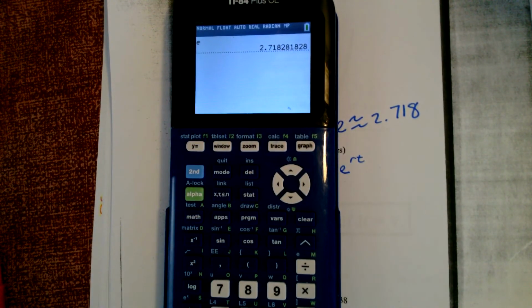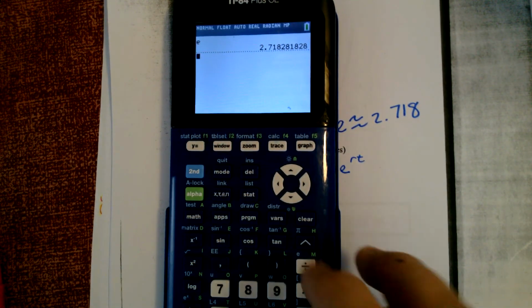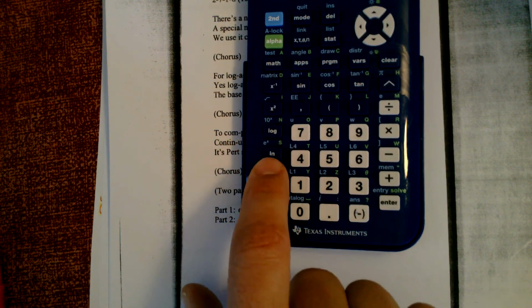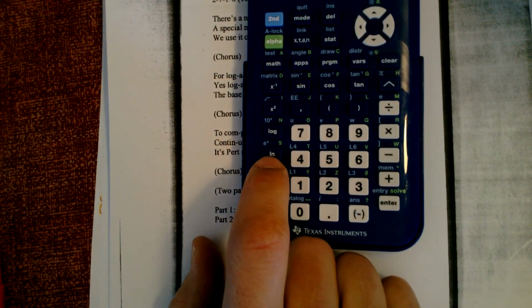Again, 2.718 is its approximation, like 3.14 is the approximation of pi. You could also do second e to a power, which is natural log. Under log is ln, that's the natural log. So if you do second natural log, you get e.